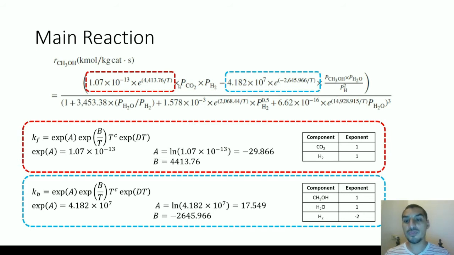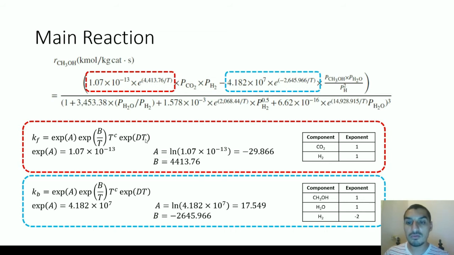So as we mentioned in the previous video, the kinetic factor is defined using this equation. This is how Aspen Plus understands the kinetic factor. It's in the form of exponential of a multiplied by exponential of b over T multiplied by T per Tref to the power c multiplied by exponential dT.